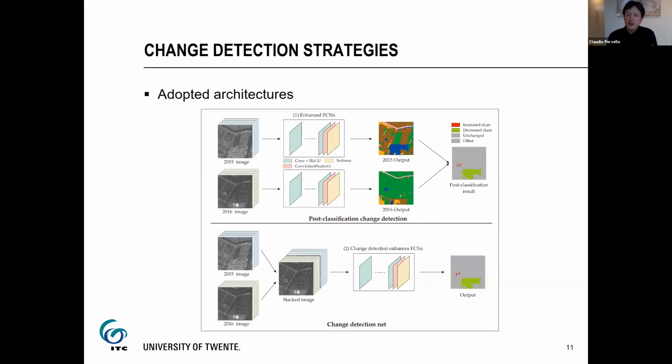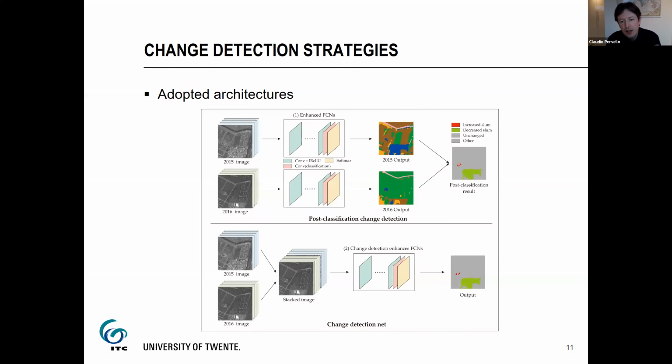We have investigated two general approaches to architectures. The first one is post-classification change detection. It's basically applying a fully convolutional network to both images independently, and producing a classification map.